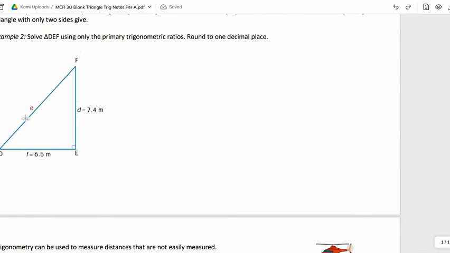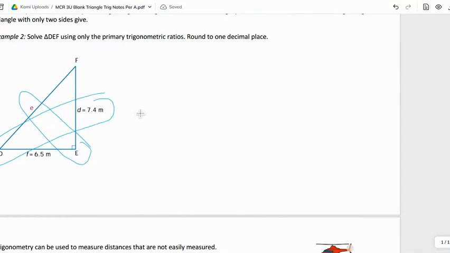All right, once again, how to label a triangle. Angle D is across from side D. You don't have to circle these. Angle E is across from side E. These are called corresponding angles and sides.